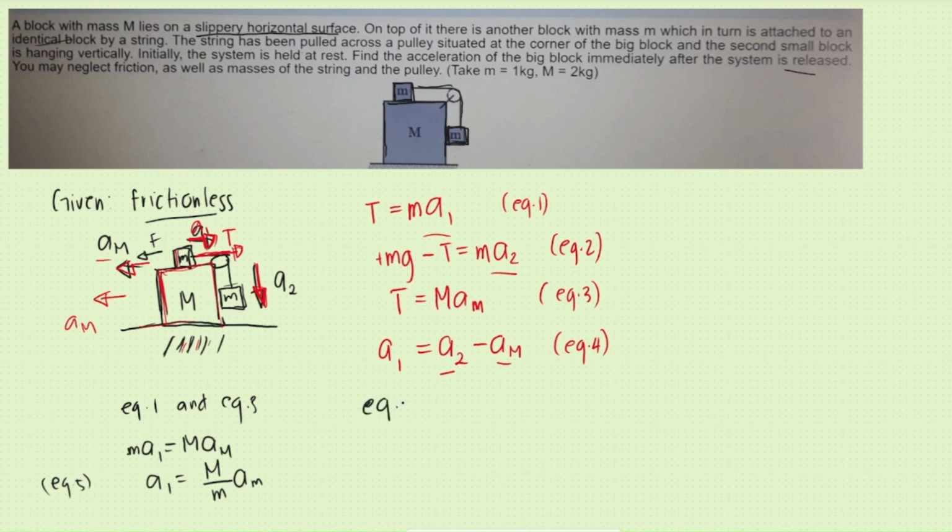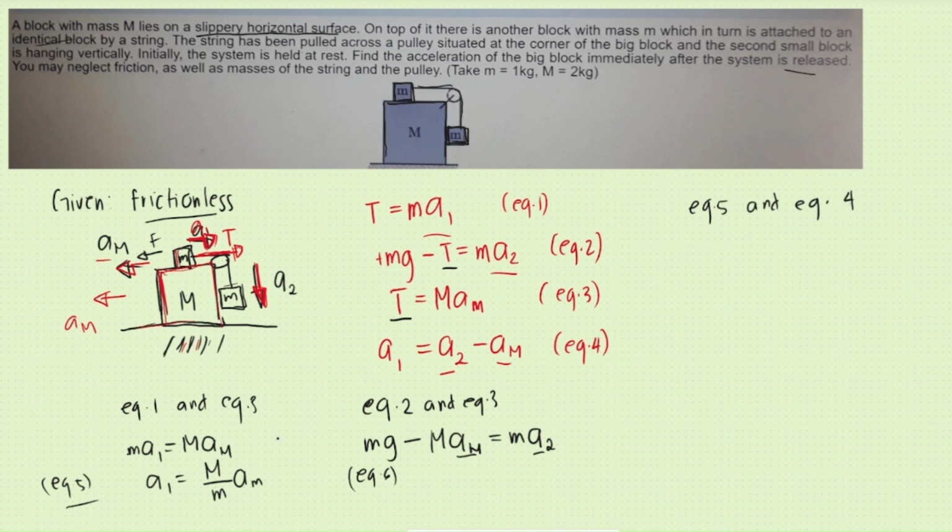The next thing is we use equation 2 and equation 3. So that's mg minus T, where T is just M A_M, we substitute M A_M equal to m A2. Okay? So we have this large M, A_M, and A2. So this is now our equation 6 in terms of A_M and A2. Next, we'll use our equation 5, which is this one, and equation 4.